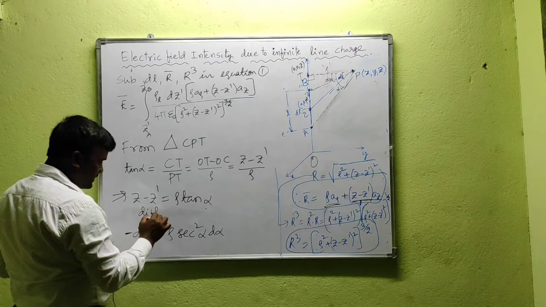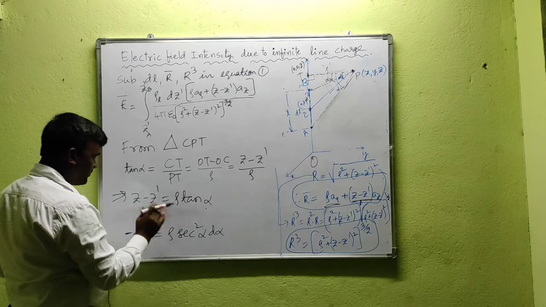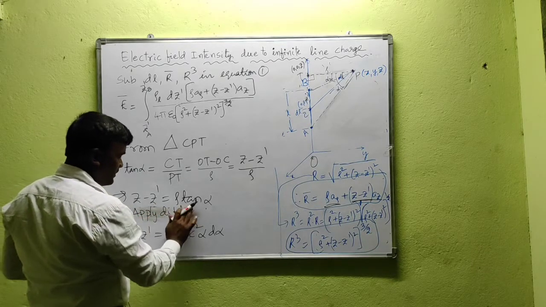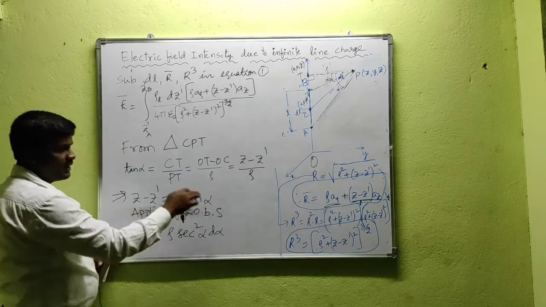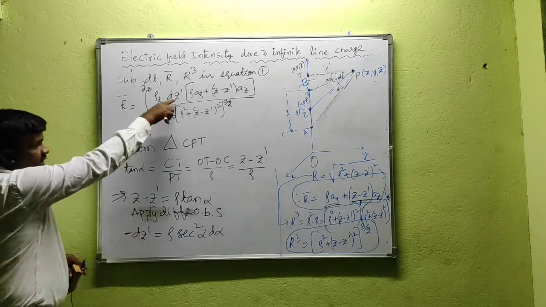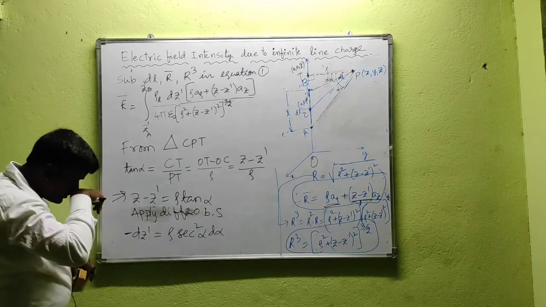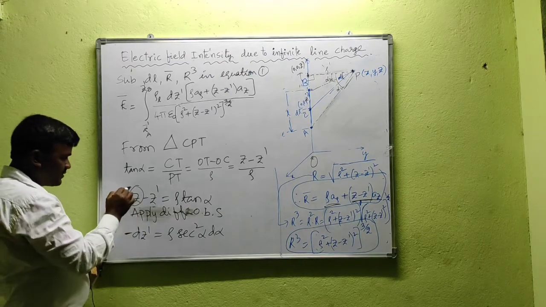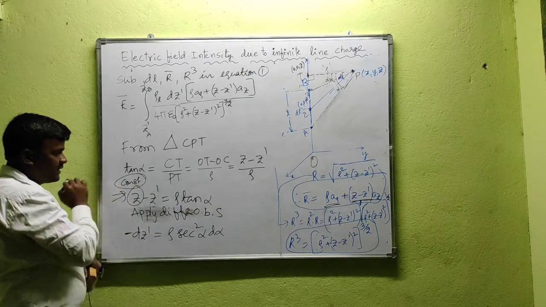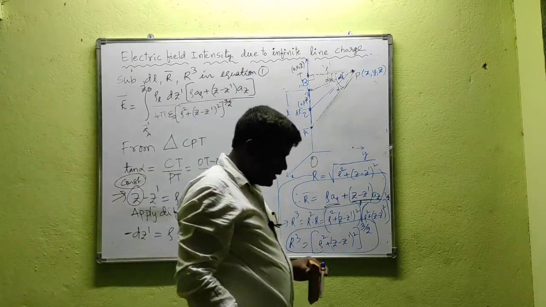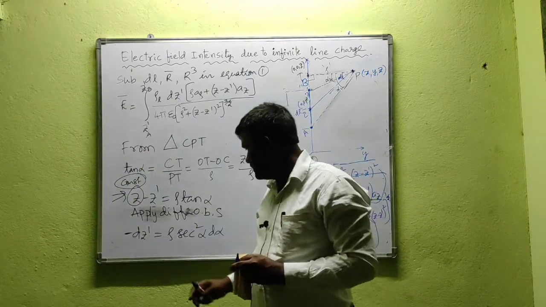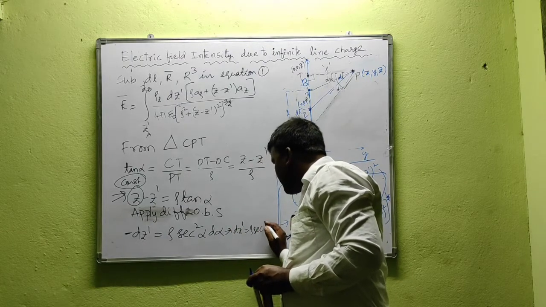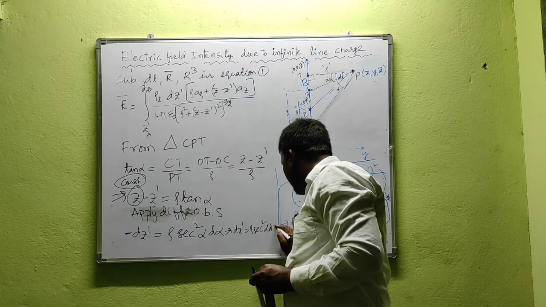Apply differentiation on both sides. A change in z dash leads to a change in alpha. We require the change in z dash, so dz dash equals rho secant square alpha d alpha. Here we have a minus sign because of z minus z dash. Z is treated as constant, please remember this. Now we require minus dz dash, or dz dash, equal to rho secant square alpha d alpha.